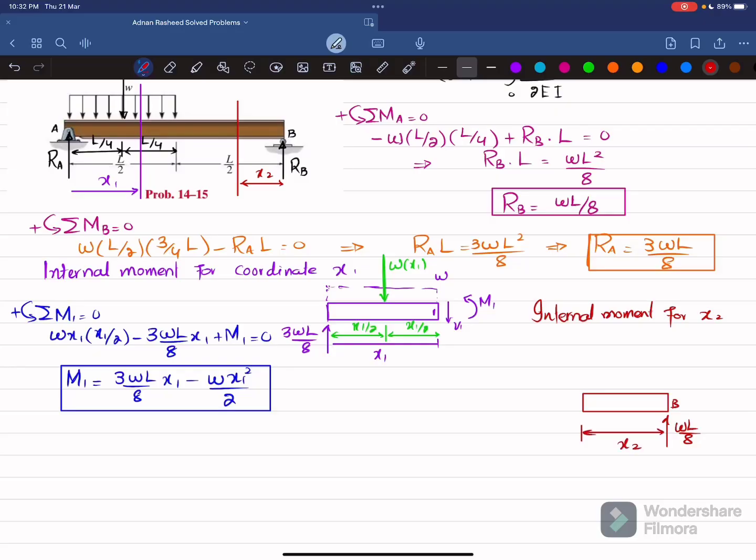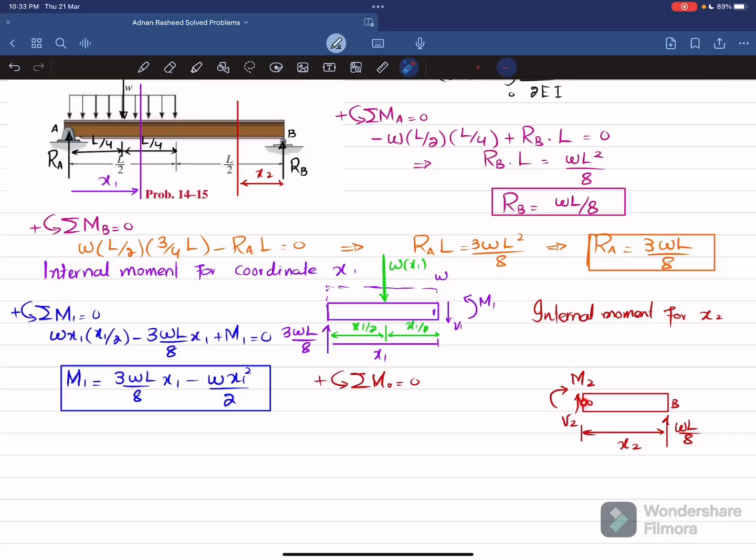Clear? So when you cut it, you will be having a shear force V2 and you will be having a moment in clockwise M2. So we will find this M2 by using equation of equilibrium, that sum of all moments about, let this be point O, is equal to 0 and taking the counterclockwise moment as positive.